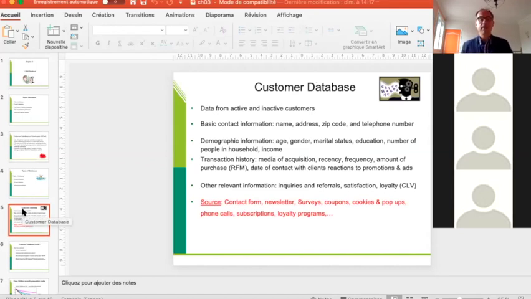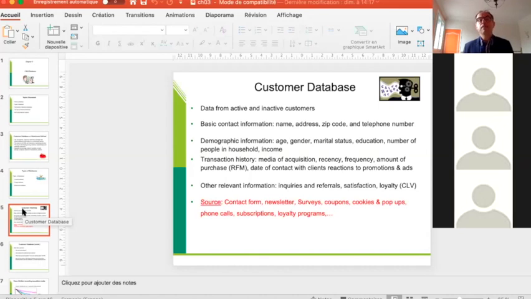So the customer database contains customer data from active and inactive customers. So active customers who still purchase in the firm, and inactive customers, also called dormant customers, who have not purchased for a while. Customers might be defective, so they might not be a customer anymore, or they might be only inactive.